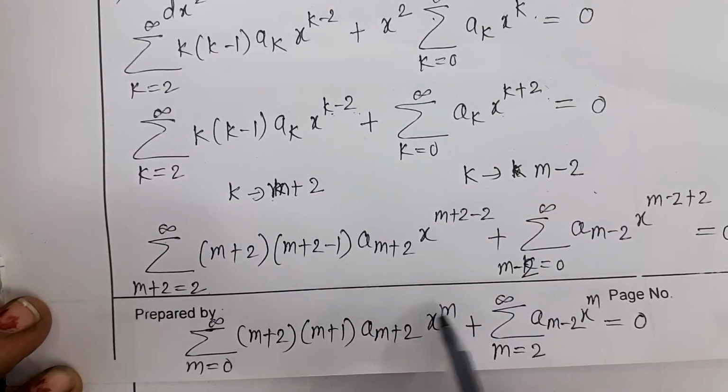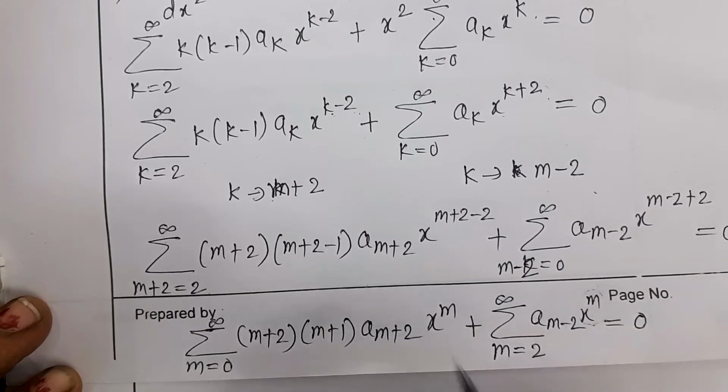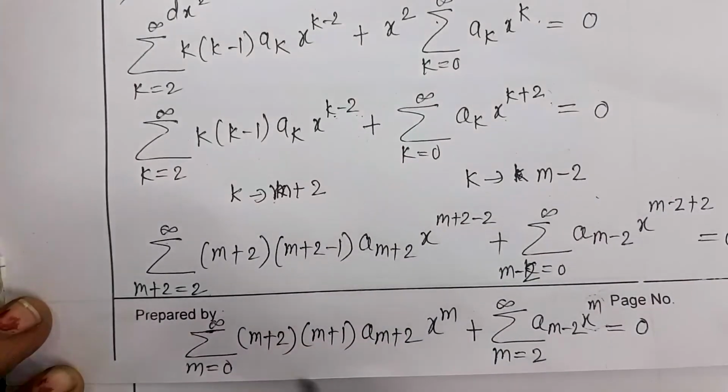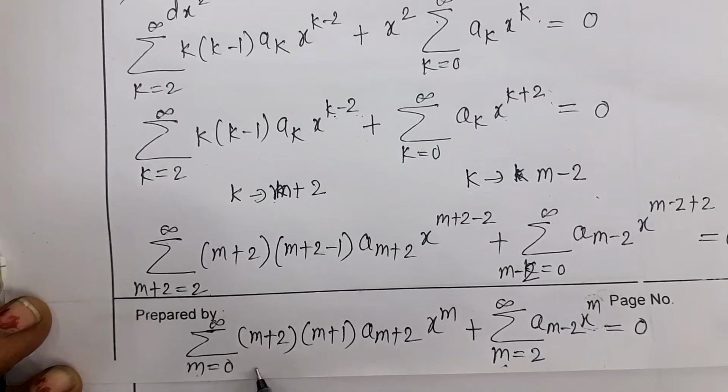Now both the powers are the same, x to the power m. But if we observe, here the summation starts from m equal to 2, and here the summation starts from m equal to 0.